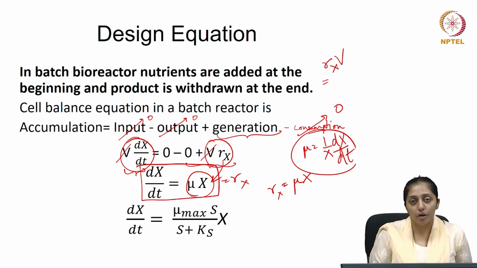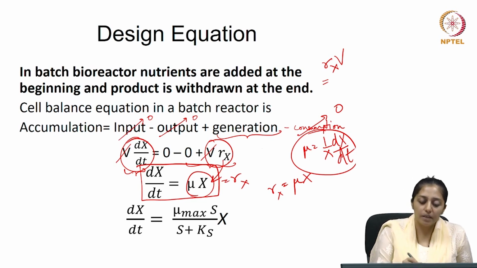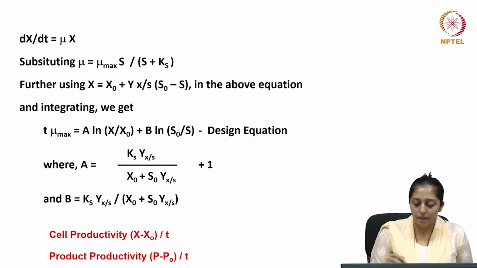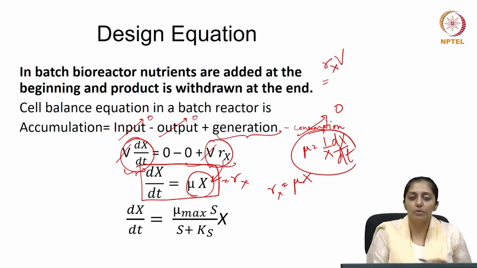It may or may not be the same in a fed batch or a continuous reactor. I hope you can make out, because the input and output streams will not be 0 in those cases.